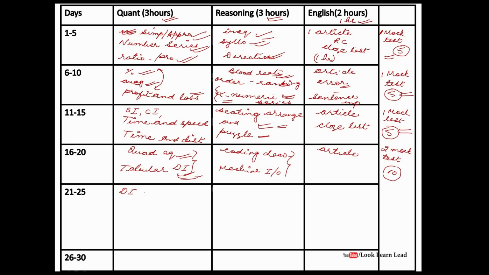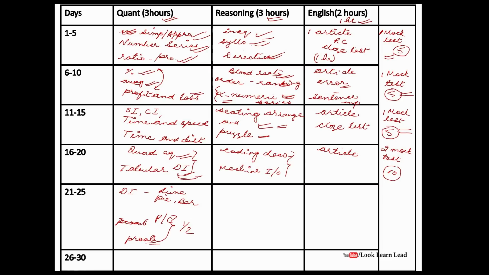In DI you should go through line, pie and bar. Side by side, for half an hour daily, you should see the problems for permutation, combination and probability.